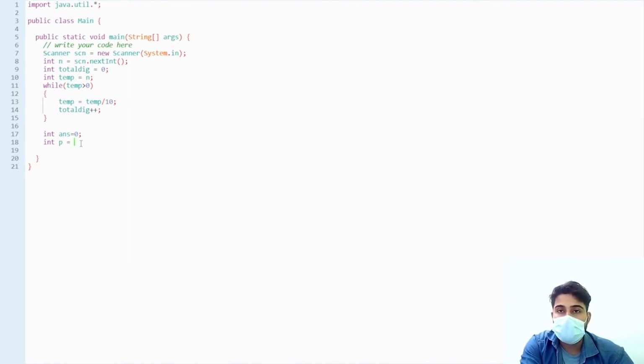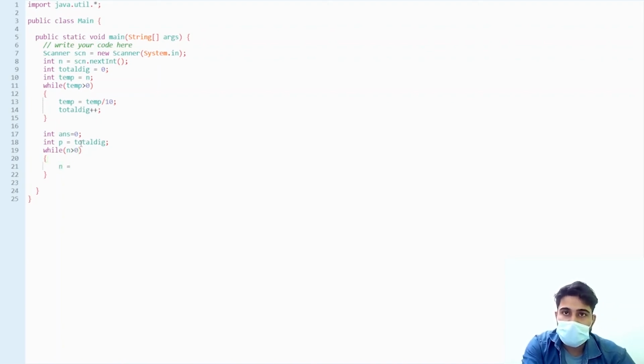For this question it was 6, nothing but total digit. So we iterate till n is greater than 0.